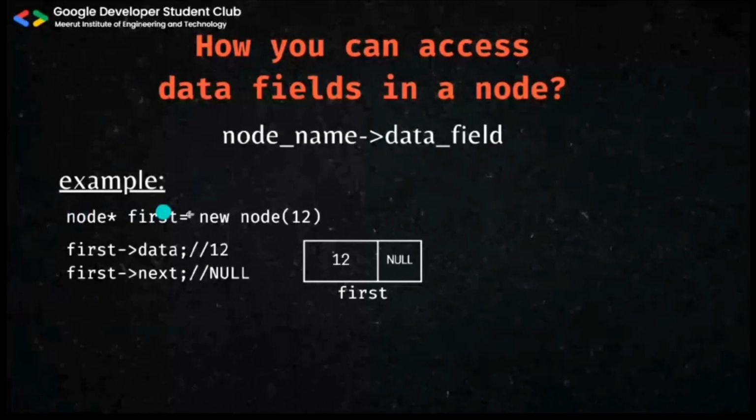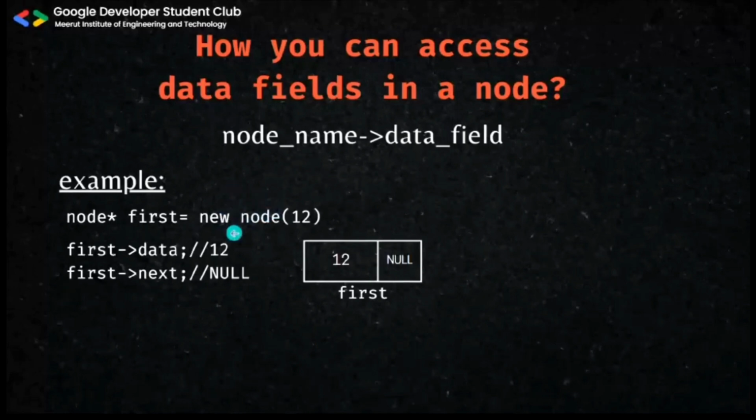So here the first line is used to create a node. You can see we have called this constructor node over here, and we are passing 12 as the data. This creates a node with the data field as 12 and the next field as null. We are doing it by this new operator. The new operator is used to dynamically allocate memory.